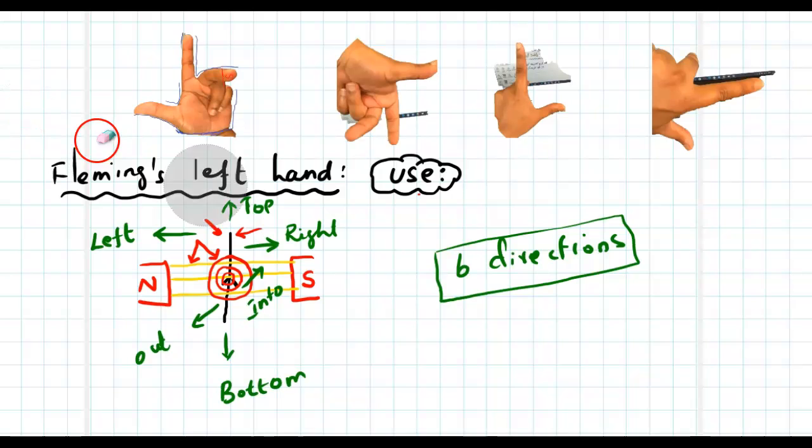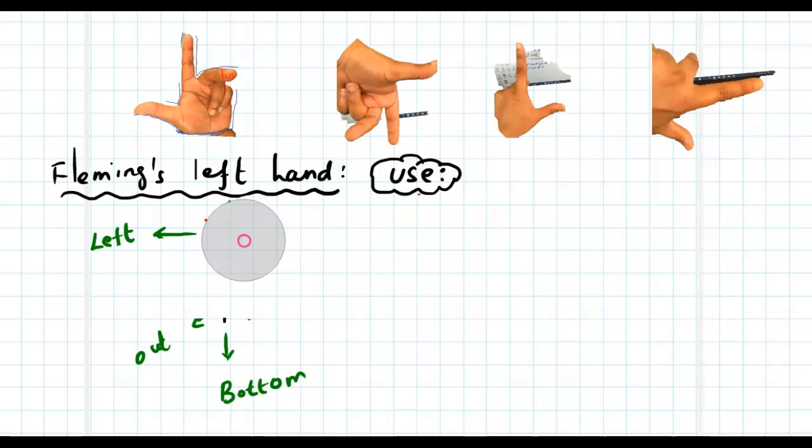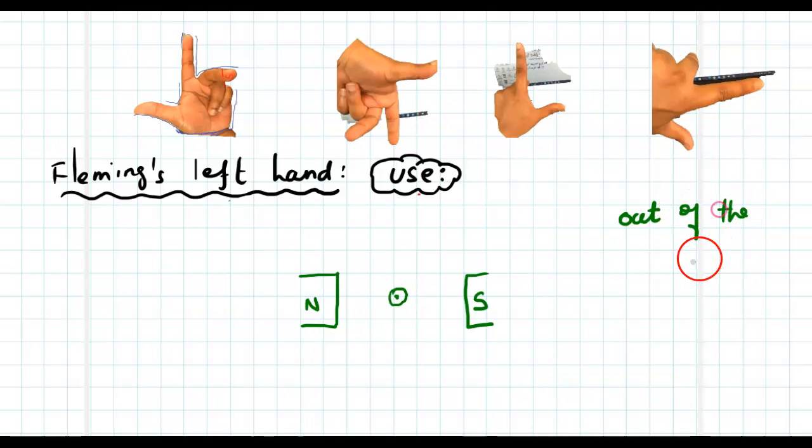Okay, so how can we find that out? Now I can draw it one by one. Now here is a north pole and here is the south pole. Now here is a wire, the current is out of the page. It is mentioned in the question, the current flows through the wire out of the page.